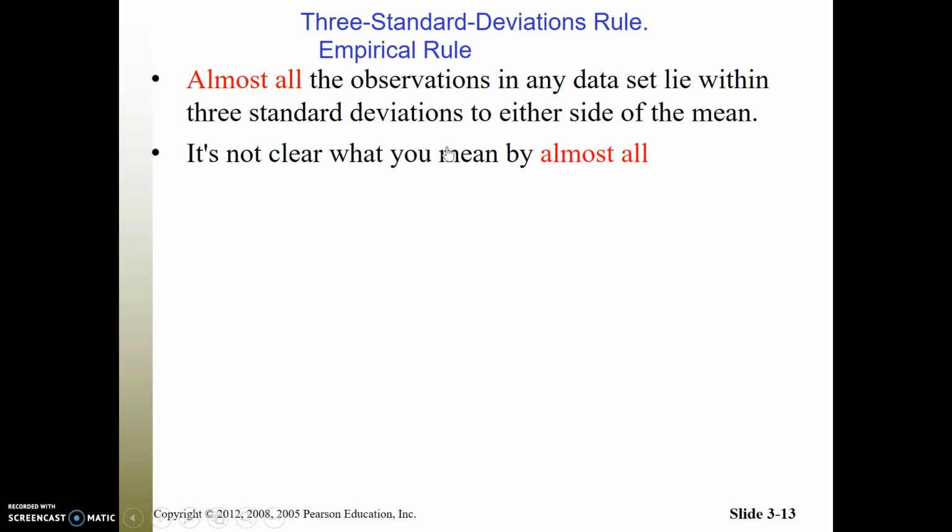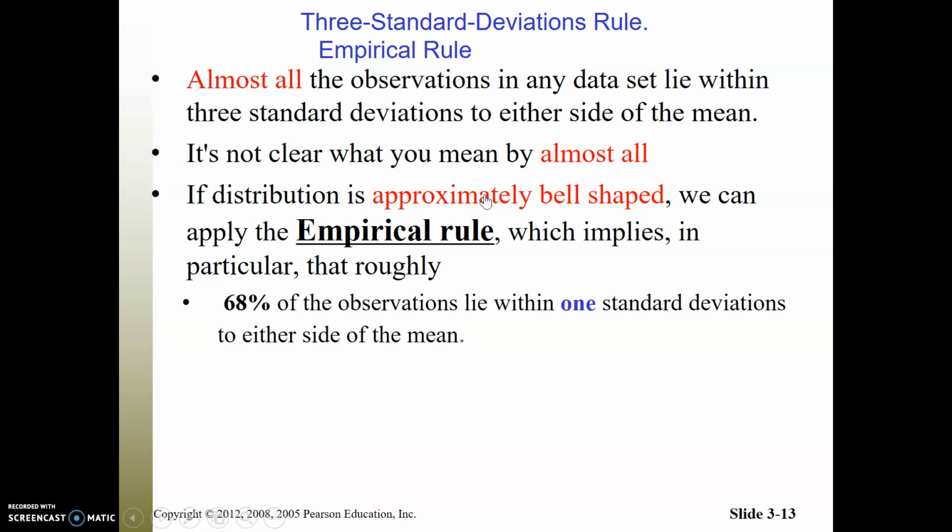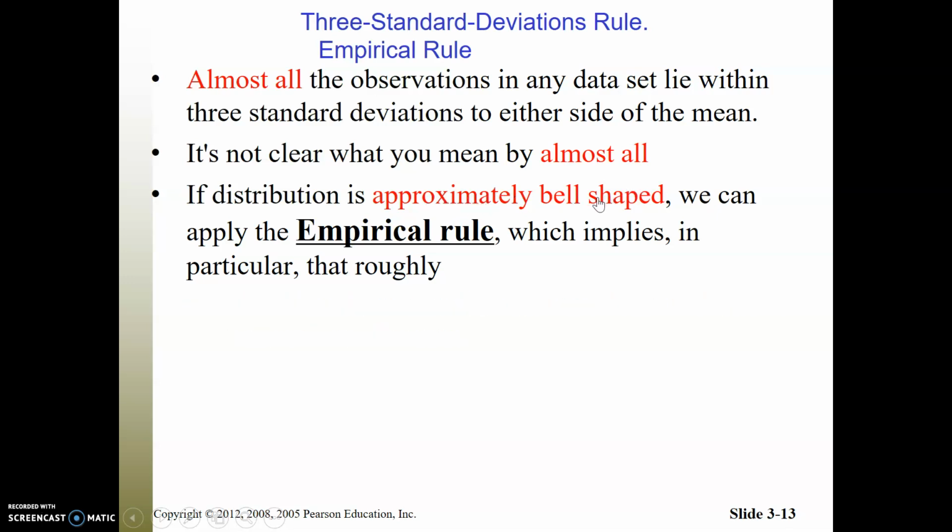In order to remove this ambiguity, we define another rule which is called the empirical rule. This empirical rule is applied to a special distribution, a distribution which has a special shape, and that is approximately a bell-shaped distribution.